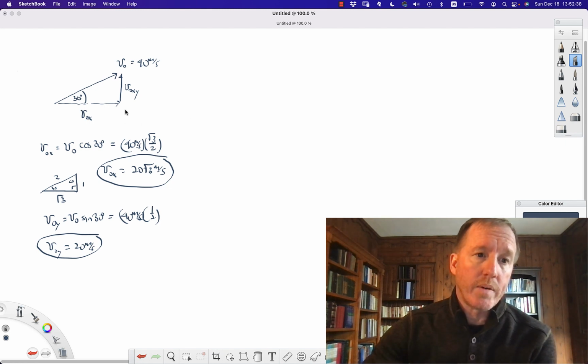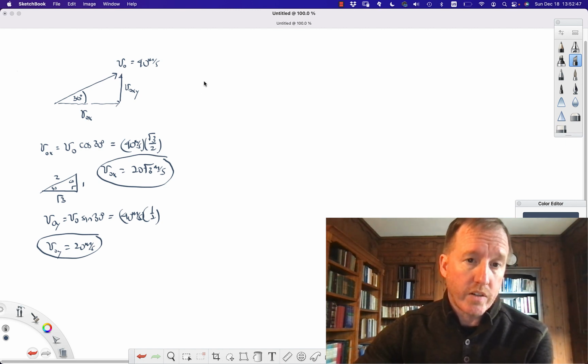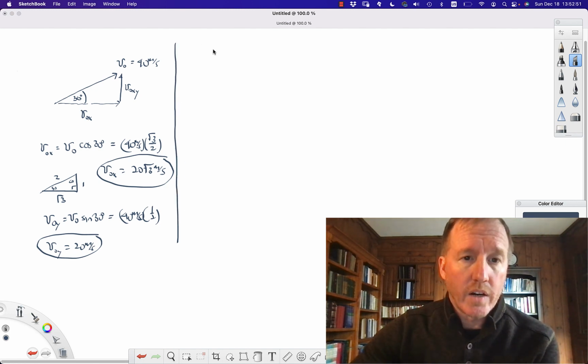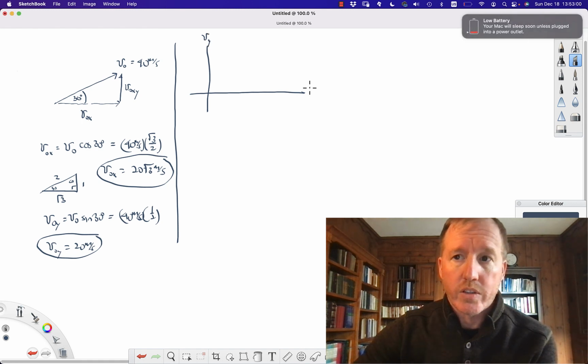Well, we don't need to worry about the horizontal component when figuring out the maximum height. All we need to do is worry about the vertical component of the velocity. So we need to first of all find out how much time it takes to get to the peak of its flight. Just to put this in perspective, let's think about this graphically. What's its velocity in the y direction as a function of time?